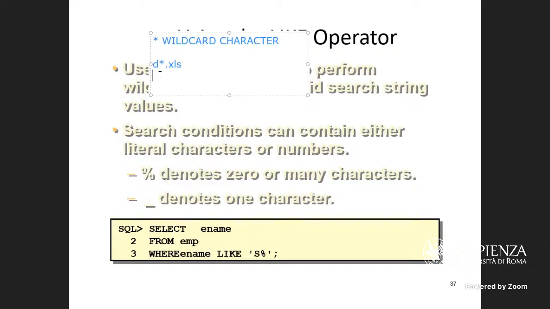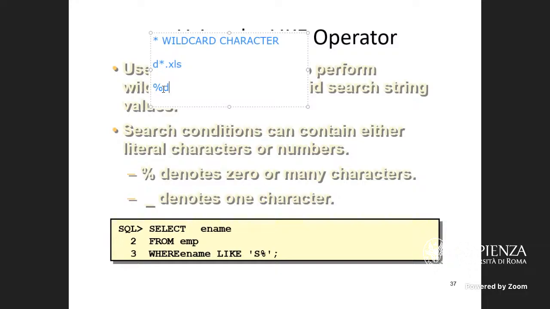The other one that we use in regex a lot that you should know is the percentage sign. What this denotes for us is zero or many characters. So when you see something like D, let me use this example. Let me say D. What this tells us is there can be a character in front of D. There can be zero characters.